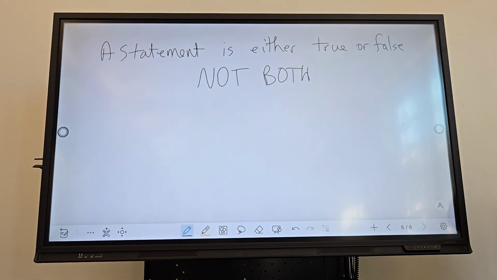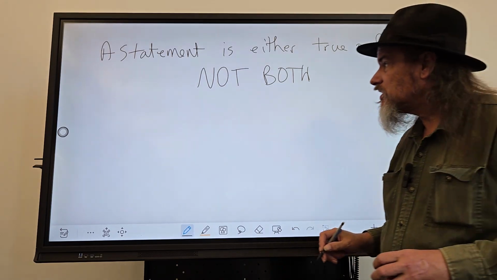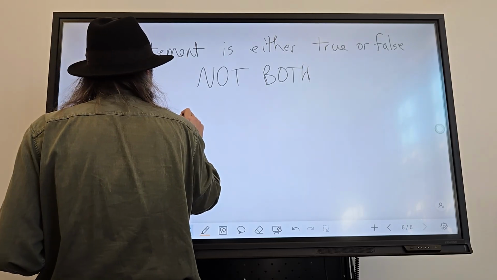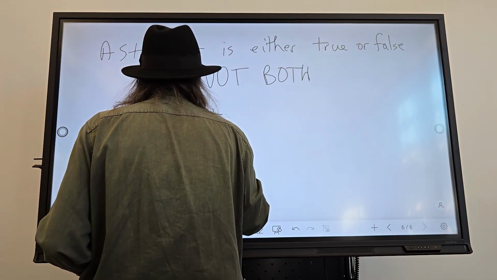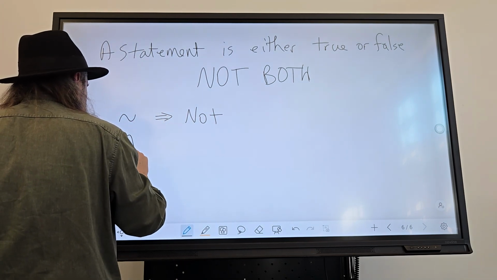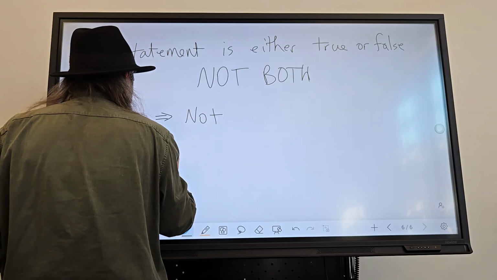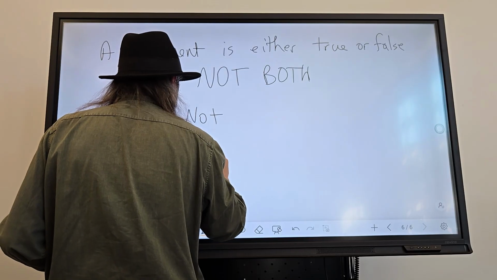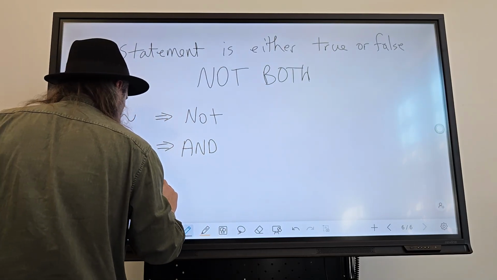Compound statements. You can use these symbols to represent different operations. I mentioned a few minutes ago the not operation. The and operation, which is like an upside down V, and or.